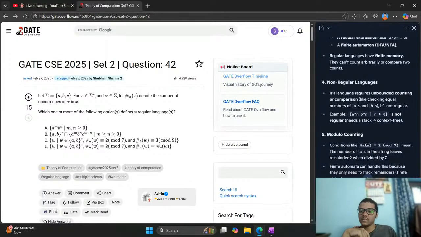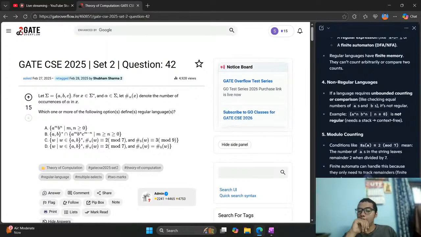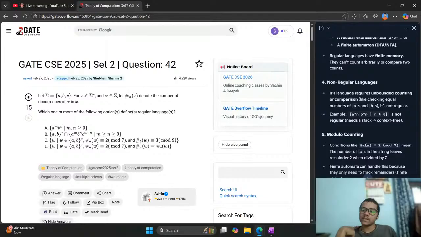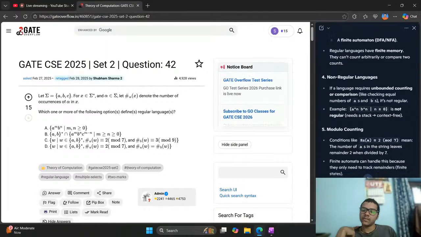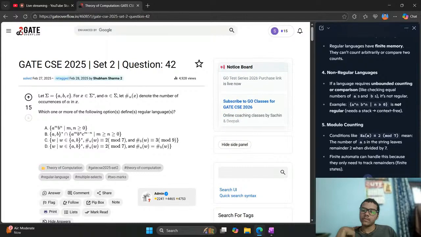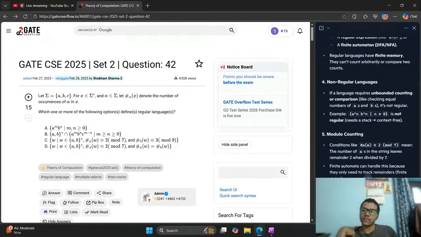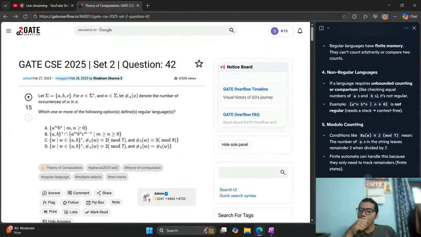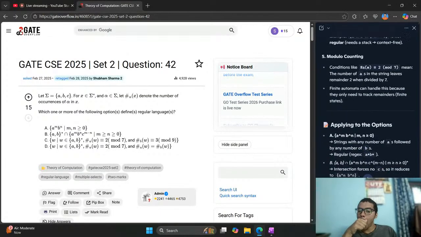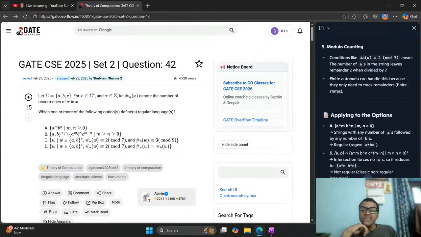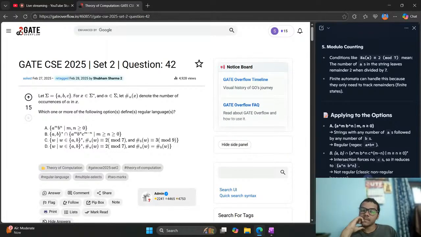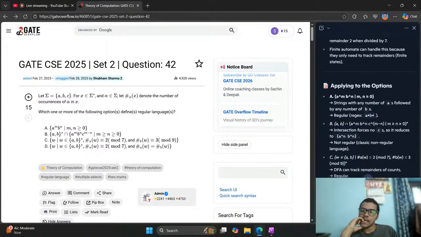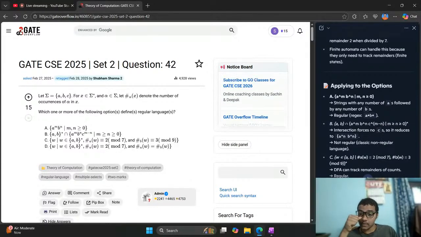The number of a's in the string leaves a remainder of 2. It is regular, it's regex. Okay.